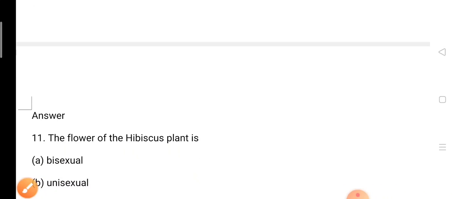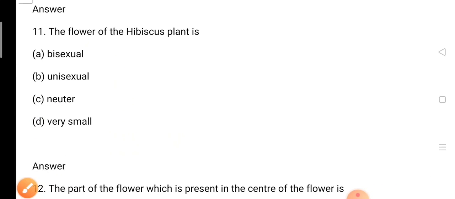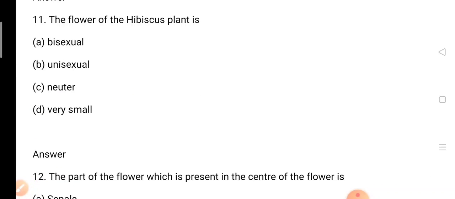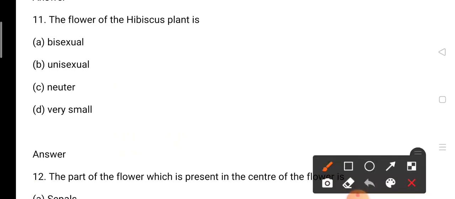Now the next question is, the flower of hibiscus plant is. So options are bisexual, unisexual, neutral, very small. So hibiscus plants bear bisexual flowers. So the correct option will be option A, bisexual flower.